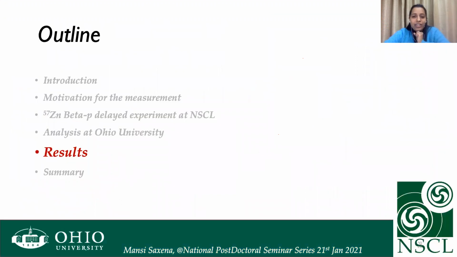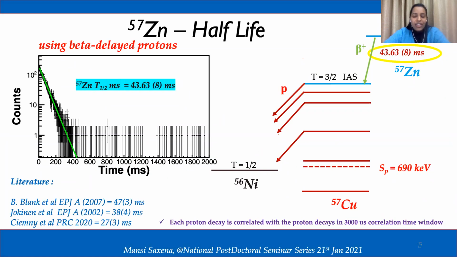So coming to the exciting results which we have obtained. Shown here is the decay curve, which we have obtained by histogramming the time differences between the implants and the relative decay events. While obtaining this decay curve, we imposed an additional condition, that is to select only proton decays.